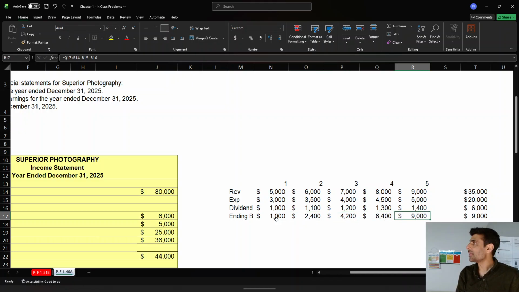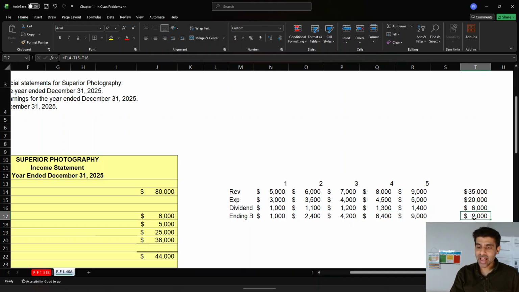I get to the same answer. So what we're doing is we're not ever presenting our financial statements of years 1 through 5 of the business. We're only presenting this latest year. So we'll take the ending retained earnings balance from the previous year and just update it as to what happened in the most recent year. Does that make sense?